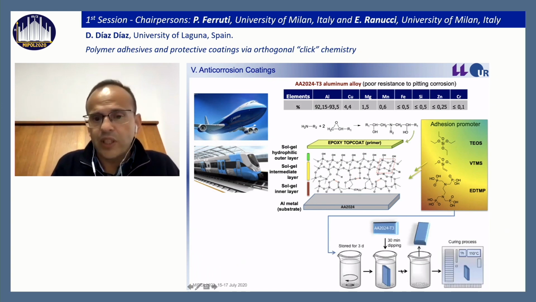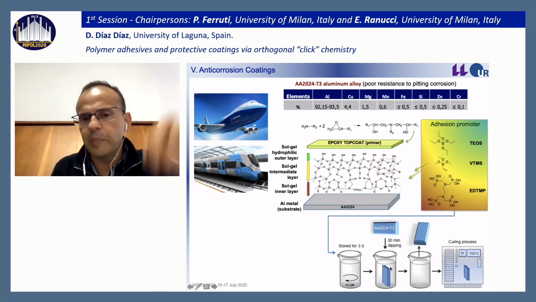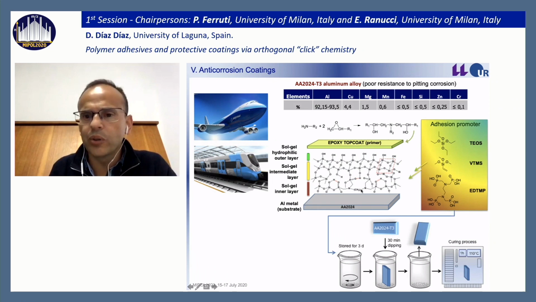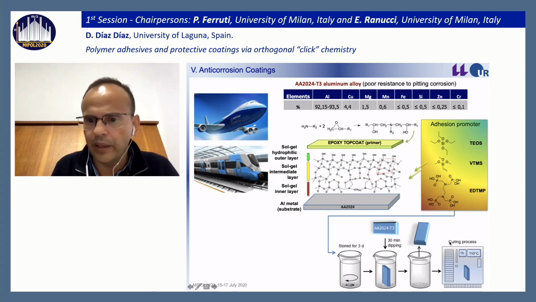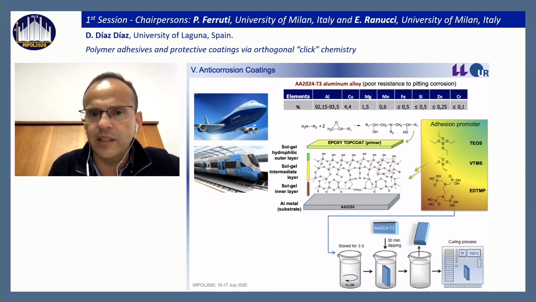So the process to make this coating is pretty easy. Basically, you just take the aluminum, make a solution with all the components, and then dip the aluminum into the solution for 30 minutes, then you take it out, and then you cure the layer in an oven. So experimentally, it's pretty easy to make a large amount of these layers.